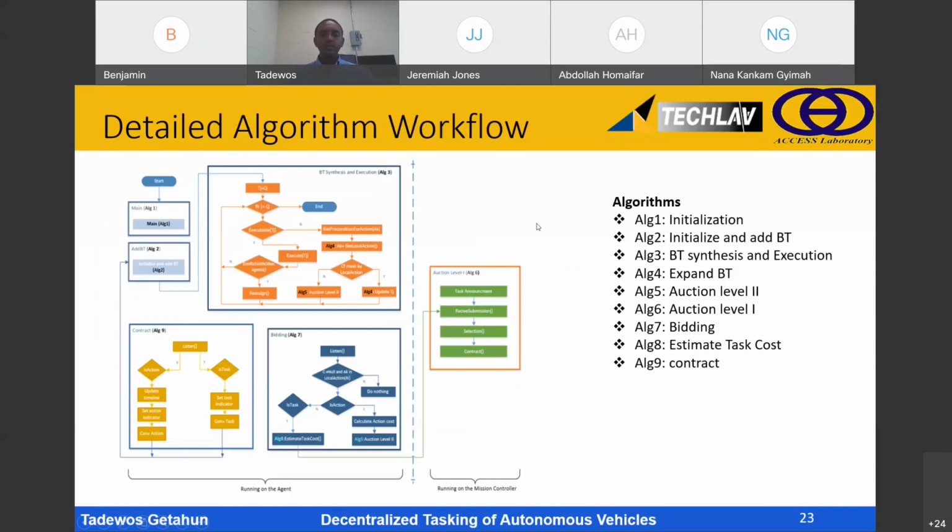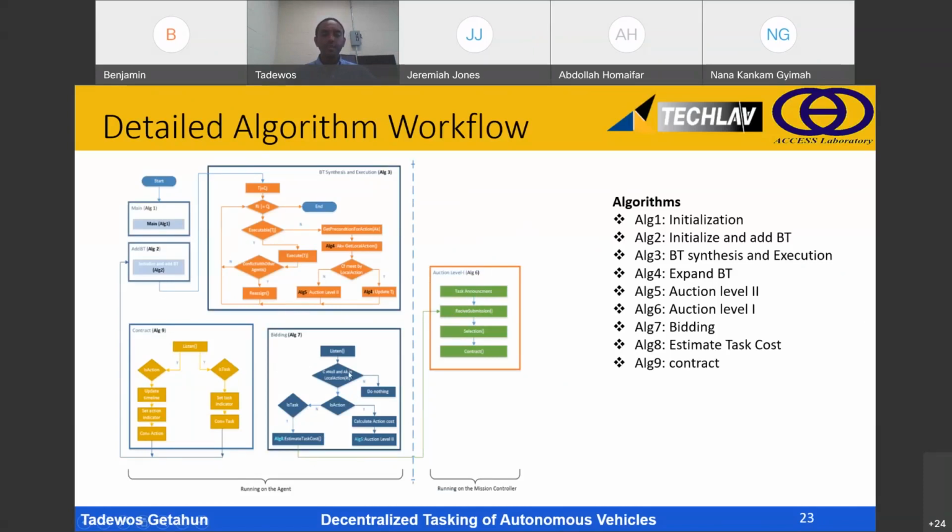And these are the details of our algorithm. It starts with the auctioning algorithm. Algorithm 6 is the mission controller. It announces the task and waits for submissions. Meanwhile, all agents perform bidding in response to the task announcement, using algorithm 7.